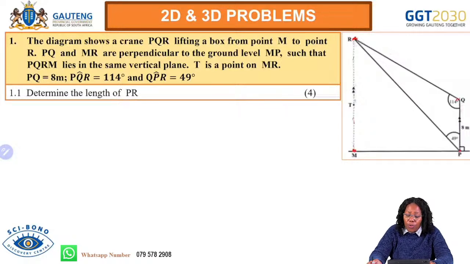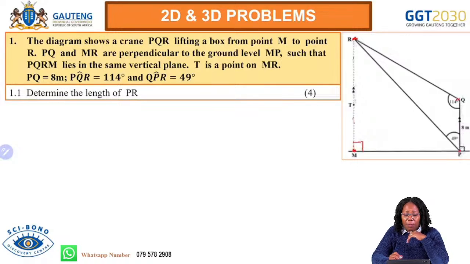And then PQ and MR are perpendicular to the ground. The one for PQ is indicated, this one is not indicated. So it's very important to go through your statement and identify any missing information that is not indicated on your diagram.